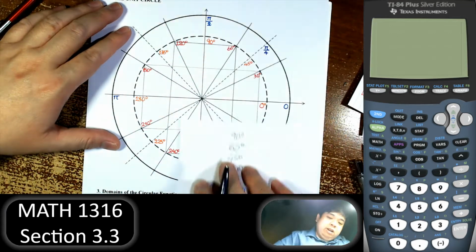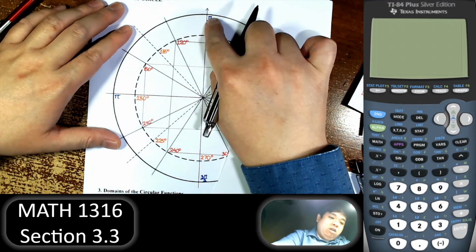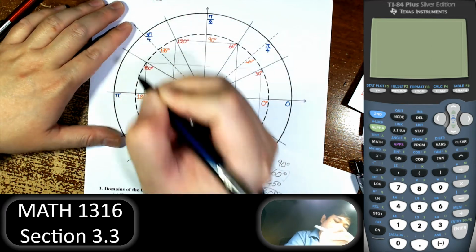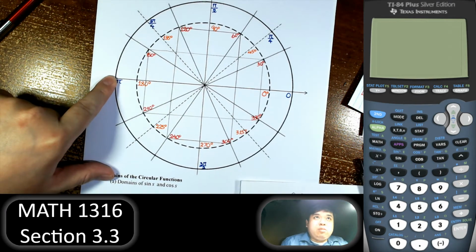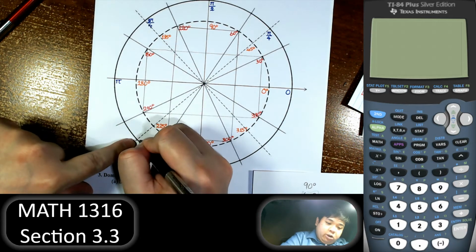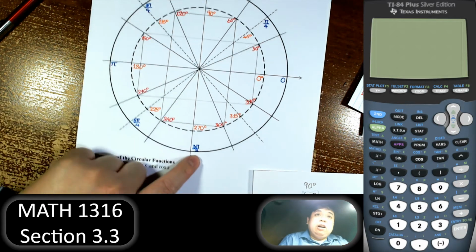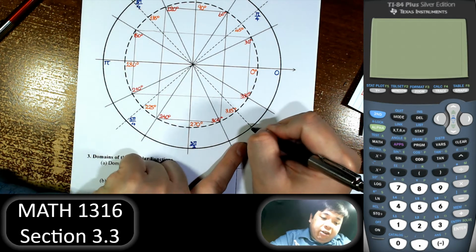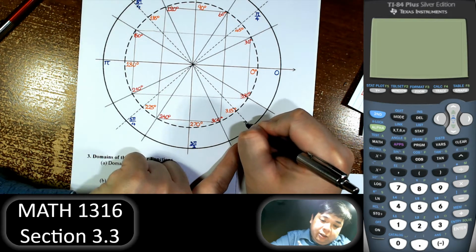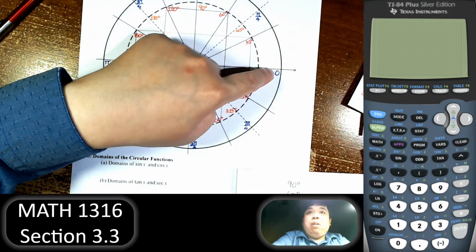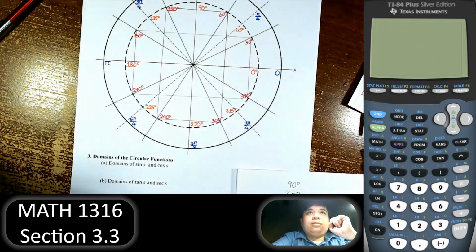We have pi over 4, 2 pi over 4, 3 pi over 4, 4 pi over 4 is pi, 5 pi over 4, 6 pi over 4, 7 pi over 4, and then 8 pi over 4, which is 2 pi. Right.